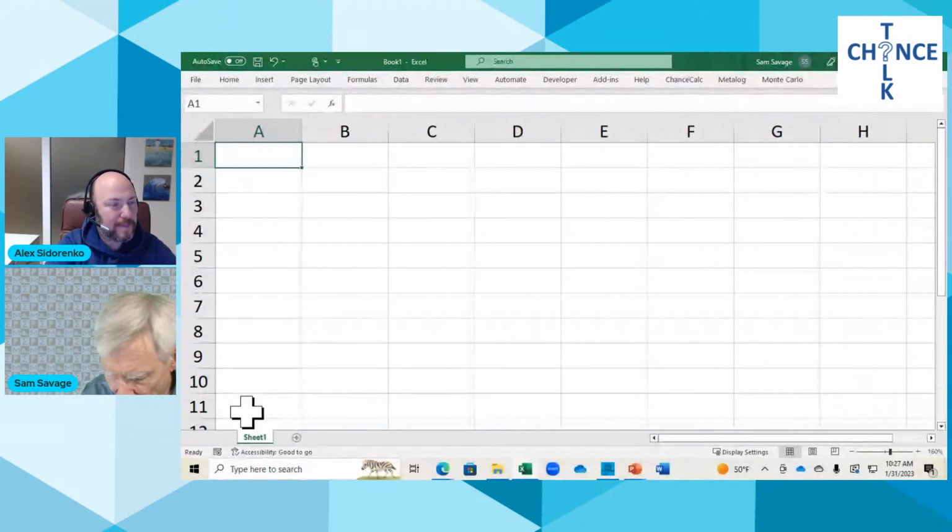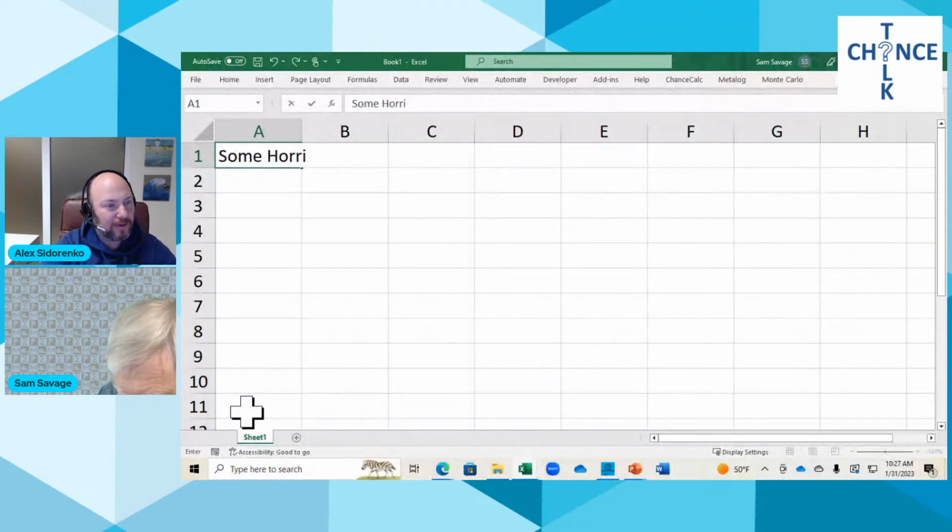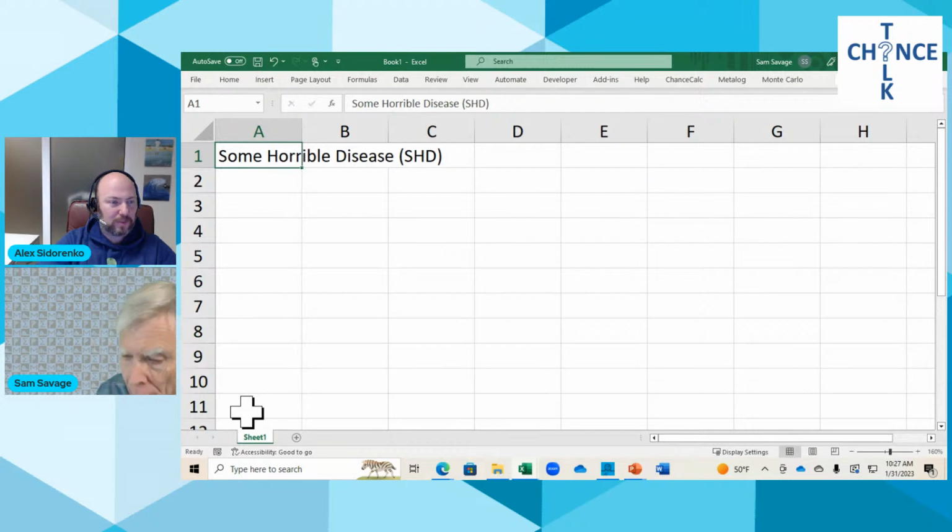There is some horrible disease, SHD. And by the way, it is non-communicable. I really should say that. You get it by being hit by a cosmic ray or something.